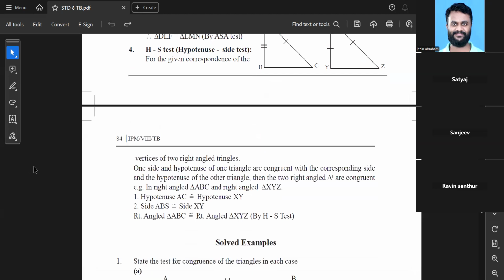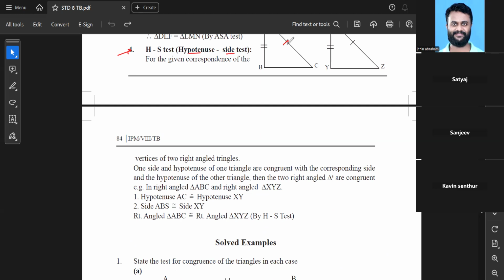The next test is HS test. H stands for hypotenuse, S stands for side. For the given correspondence of the vertices of two right angle triangles, if one side and hypotenuse of one triangle are congruent with the corresponding side and hypotenuse of the other triangle, then the two right angle triangles are congruent.